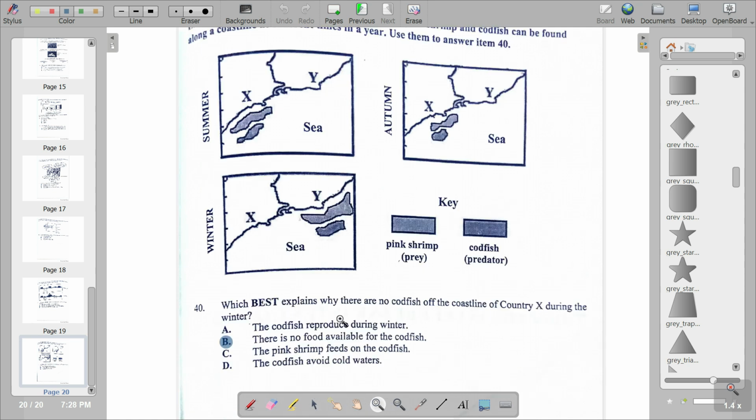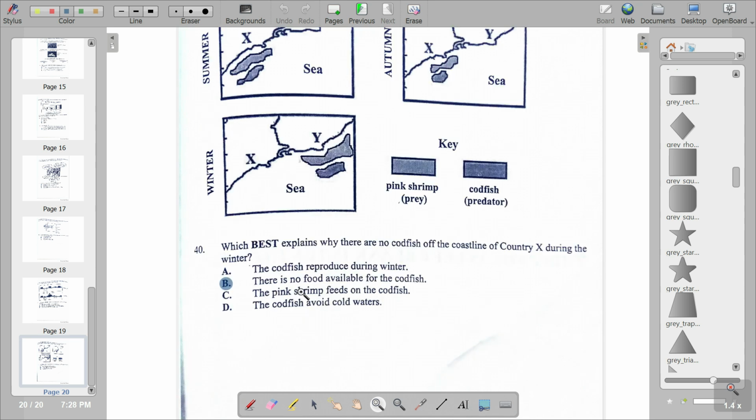So what's going on here? Which best explains why there are no codfish off the coastline of country X during the winter? I chose B, because codfish is the predator, and anywhere the pink shrimp go, they will follow. So I chose there is no food available for the codfish.